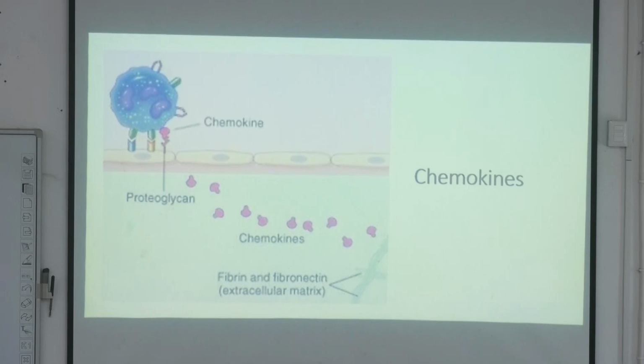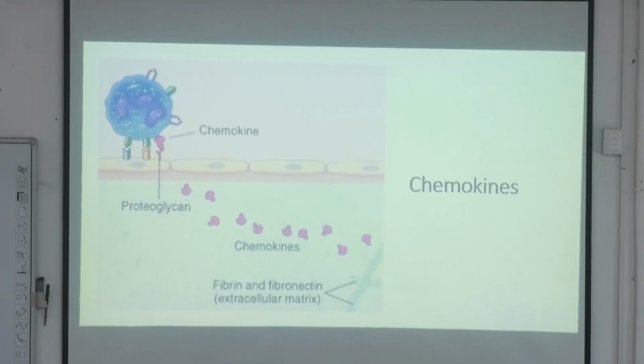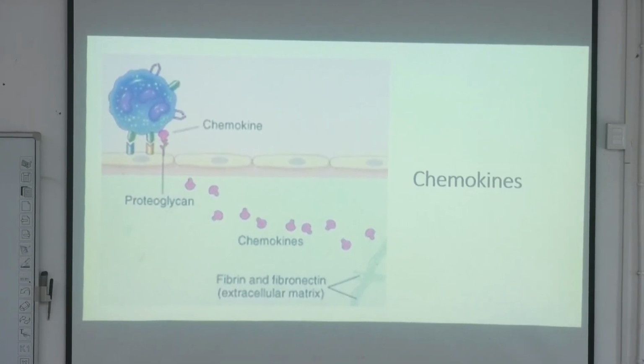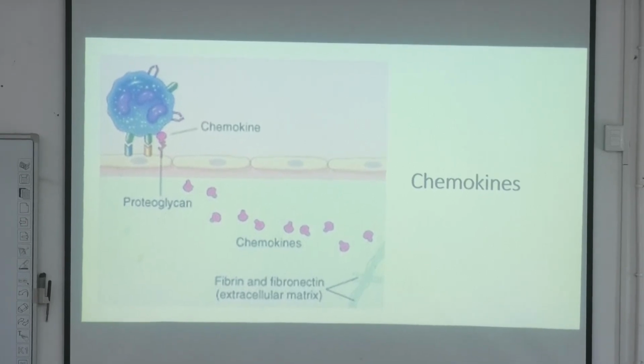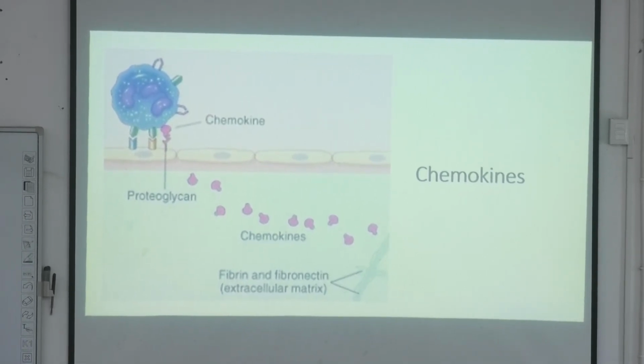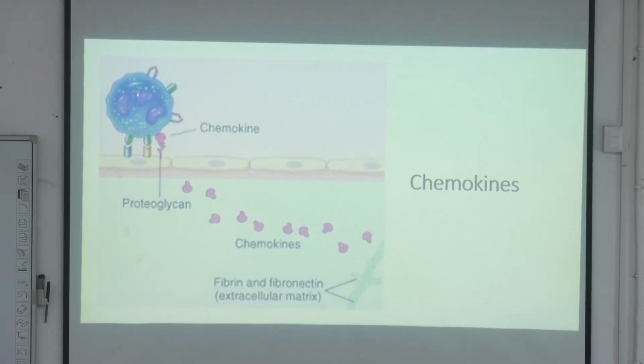Now chemokines, important: C3a, C5a, chemokines for leukocyte activation and recruitment to the site of injury. This is the vessel wall endothelial cell and this is the neutrophil.